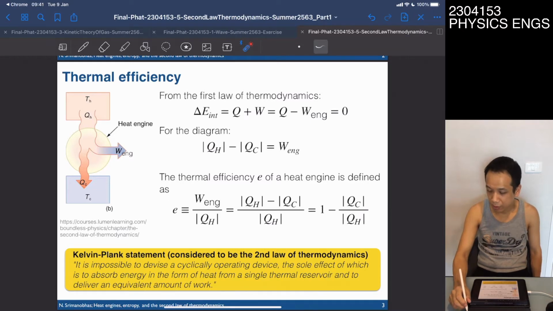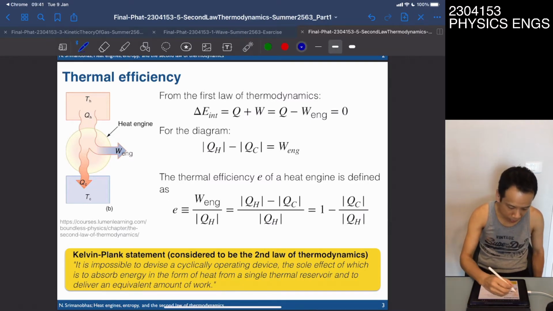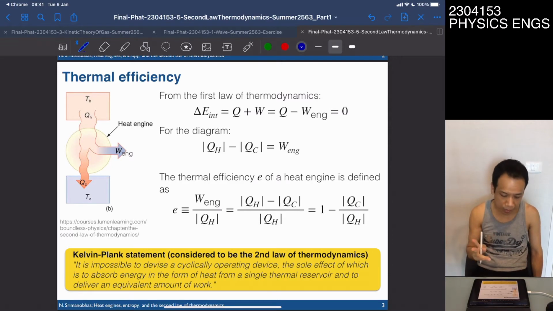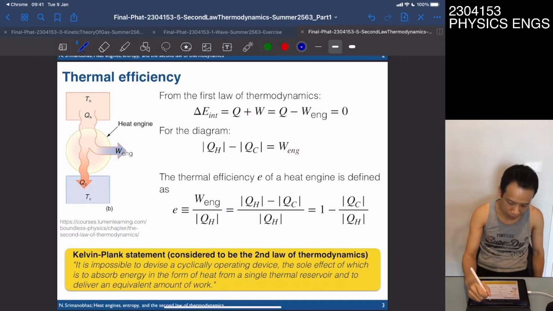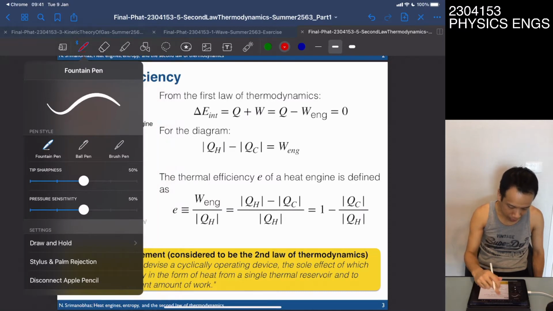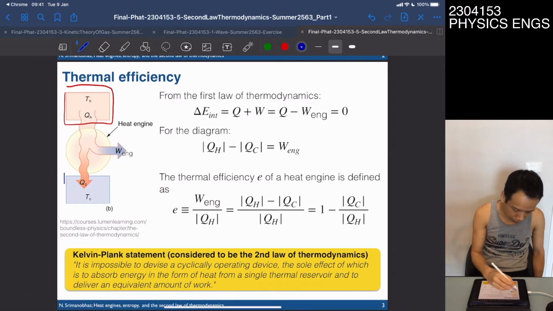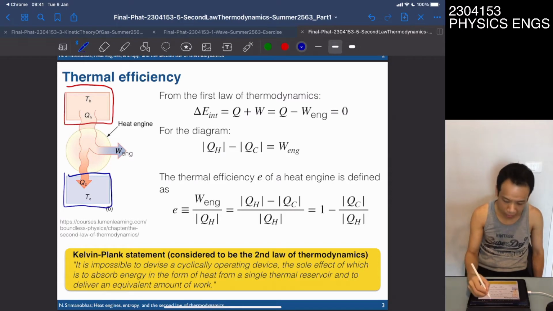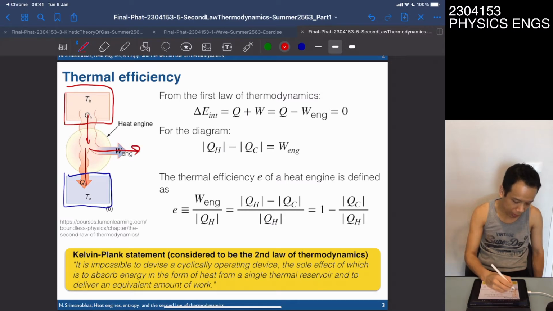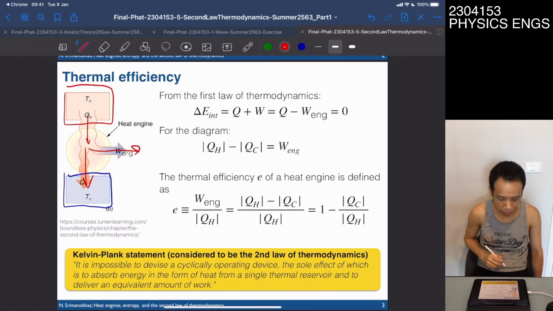If we look at the diagram, we can see that first we need to have 2 reservoirs all the time. Right? We cannot have just 1 reservoir. That's the key point. So we have the hot reservoir and we have a cold reservoir. The heat from the hot reservoir goes into the engine, the engine does work and produces work, and then it gives heat to the colder reservoir.